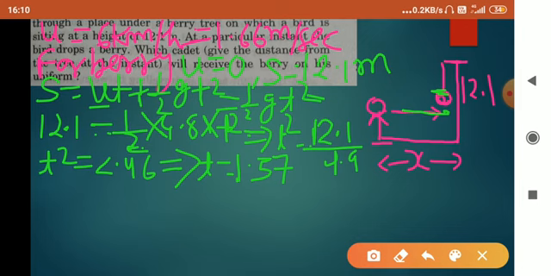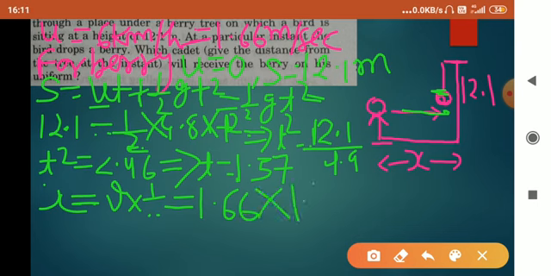So the distance covered by this cadet, x, is given by x equal to v into t, velocity into time. Here velocity is given as 1.66 and time is 1.57.